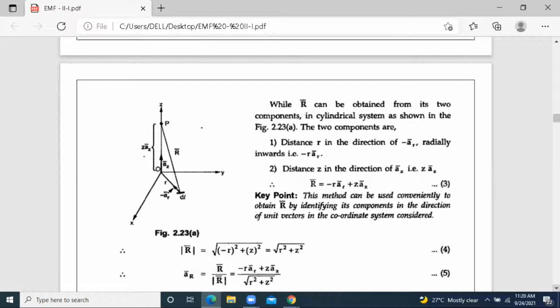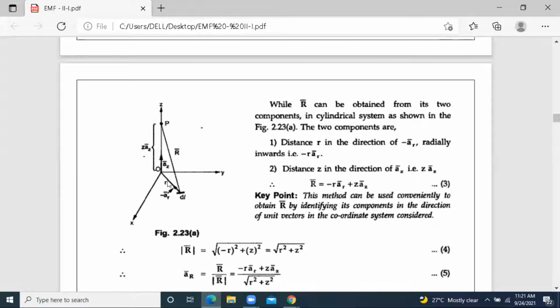What are we saying here? Now you're here. This is where your differential length is. This is your R. You want to find your field intensity at P due to this differential length.